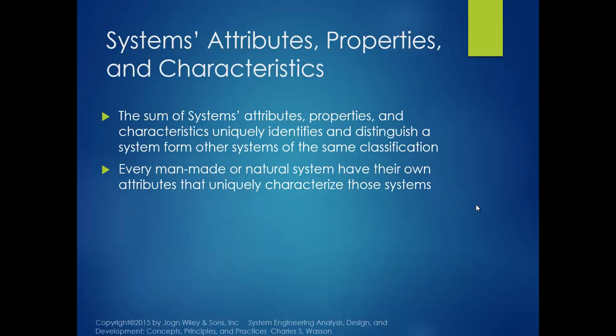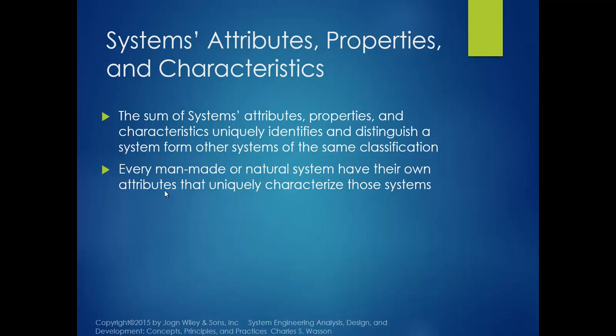So if we look at systems attributes, properties, and characteristics, we can say that they are the sum of systems attributes, properties, and characteristics that uniquely identify and distinguish a system from other systems of the same classification. Every man-made or natural system has its own attributes that uniquely characterize those systems.